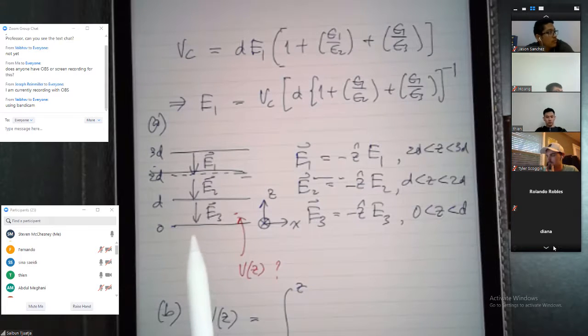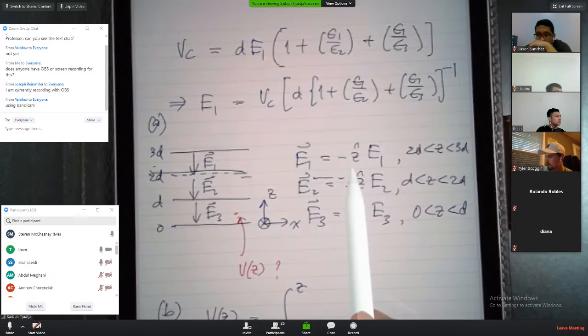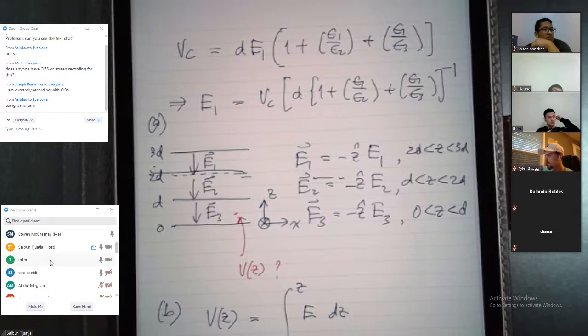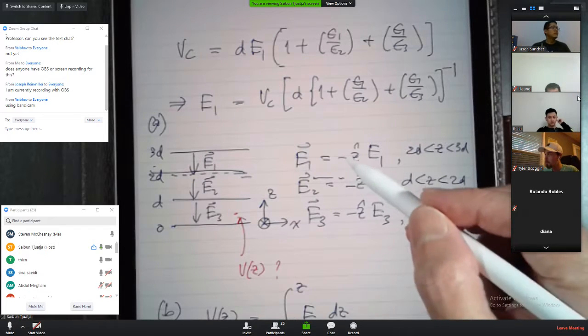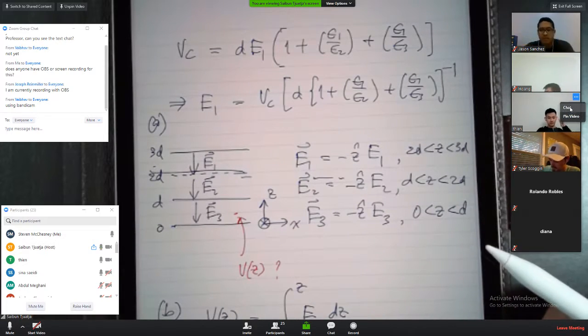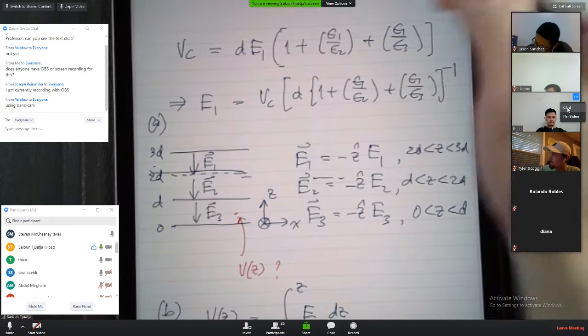Remember, it's supposed to be negative, but because the field is already along negative Z, the negatives cancel out, so we have E dz. Any questions? I already took care of the negative part. Technically speaking, let me clean this up from the formulation.